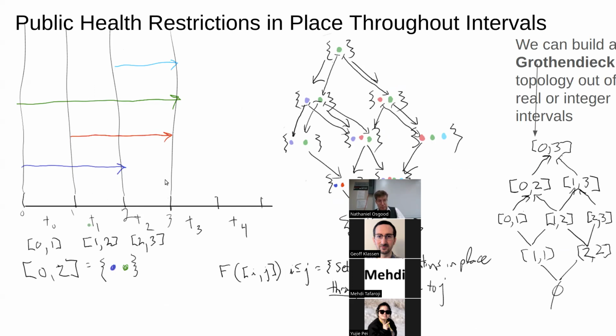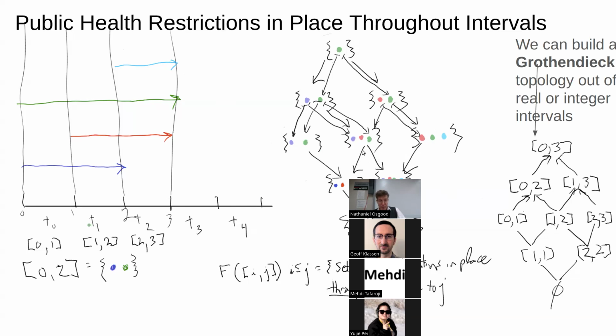For any value that's in it, remember, this is for public health restrictions throughout the entirety of the interval 1 to 2, right? Any value that's in here has to have been in place at time 1, and it also has to have been in place at time 2, right?